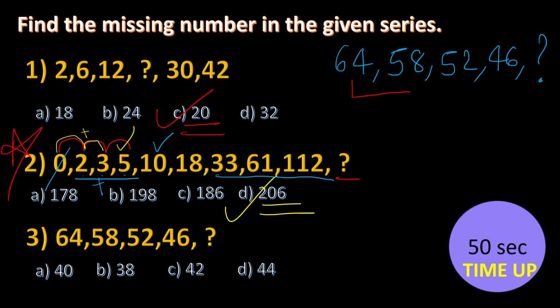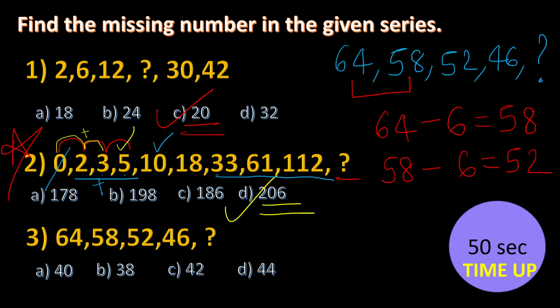From 64, how will you get 58? 64 minus 6 gives you 58. Then 58 minus 6 gives you 52. Similarly, 46 minus 6, I'll get 40 as the answer. So correct option is A, that is 40.